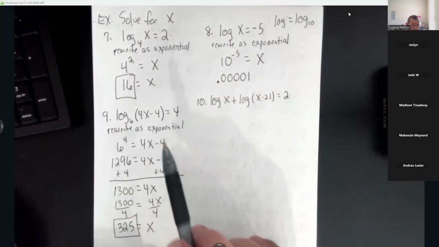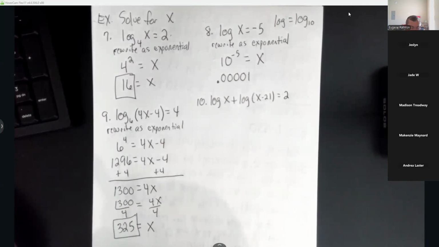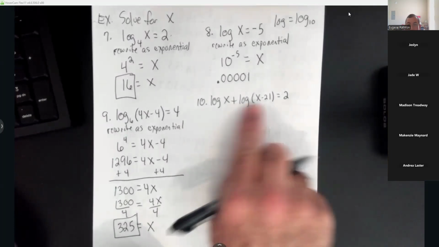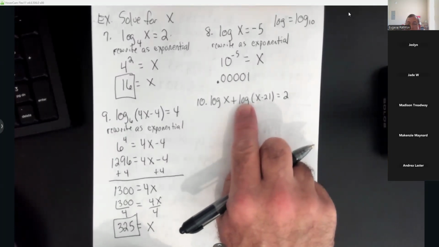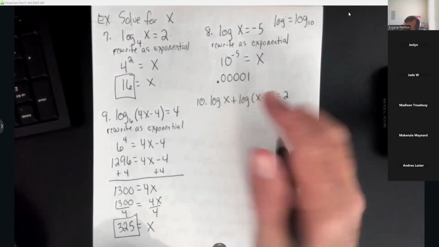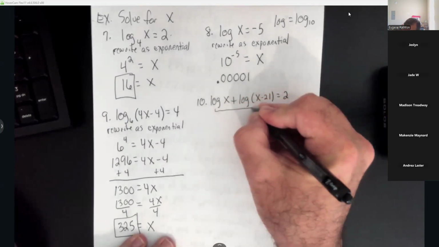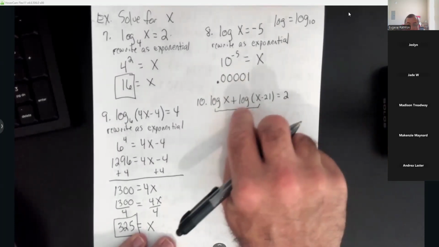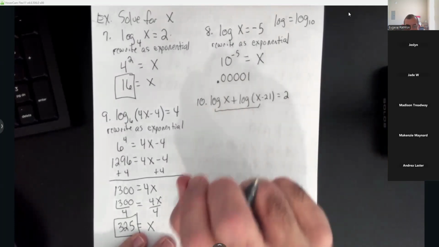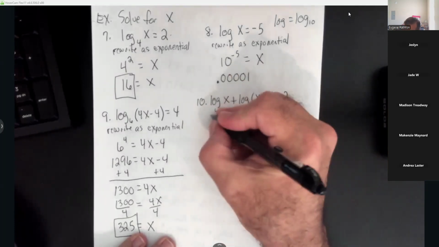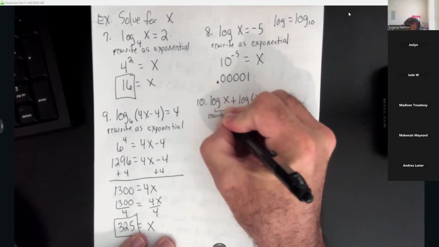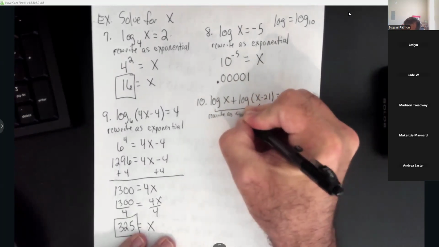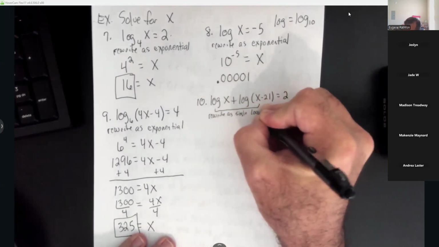Well, the very first step says, if needed, combine logs on either side of the equation. Well, I got 2 logs on the left side. I don't have any logs over here, but I got 2 over here. So what I got to do is combine these 2 logs into a single log. So I'm going to rewrite as a single log.